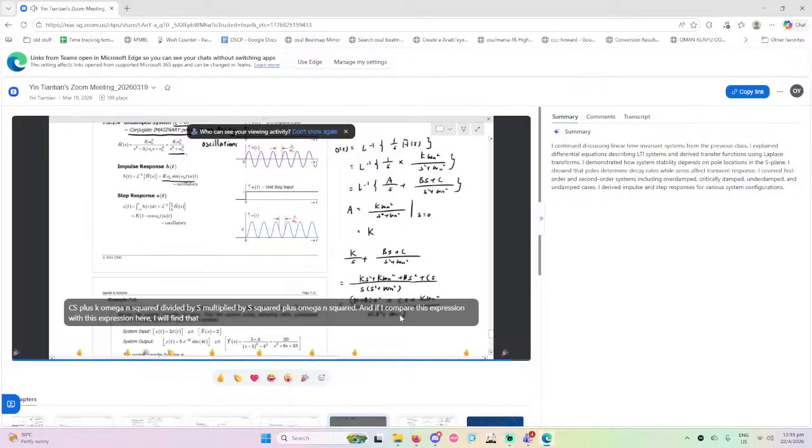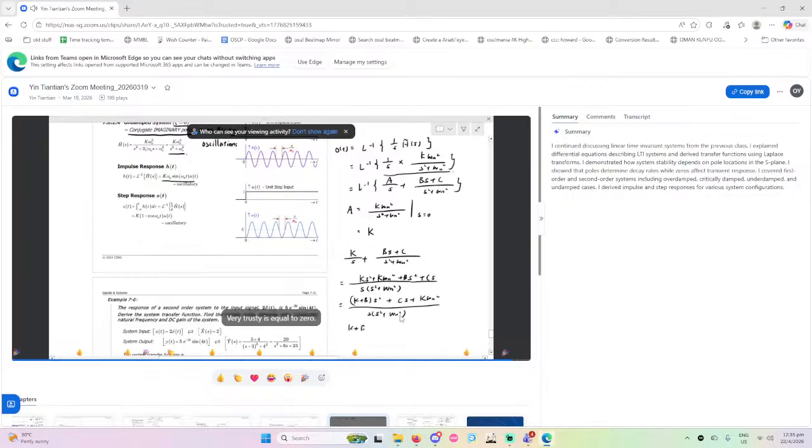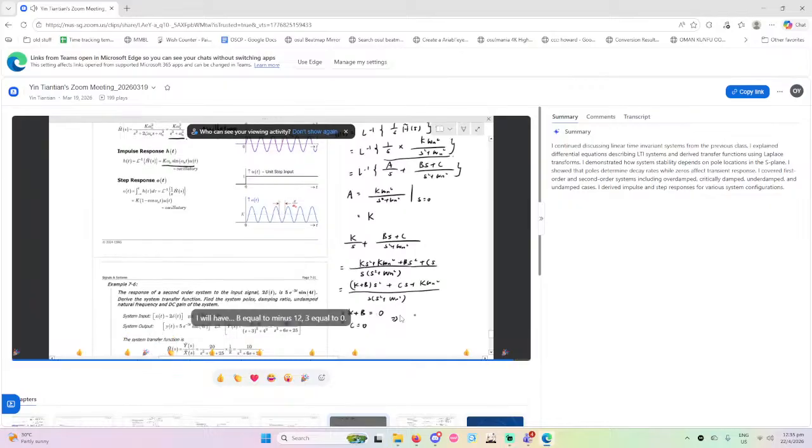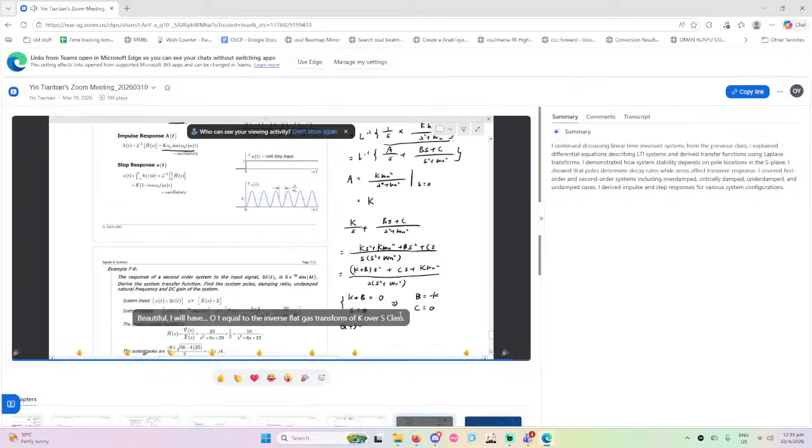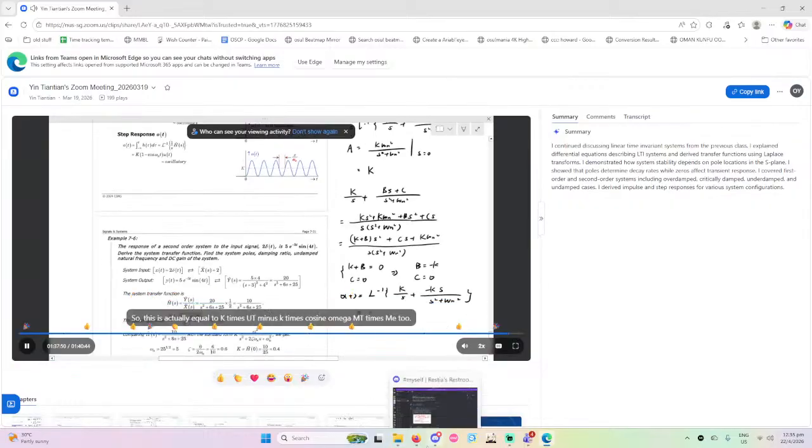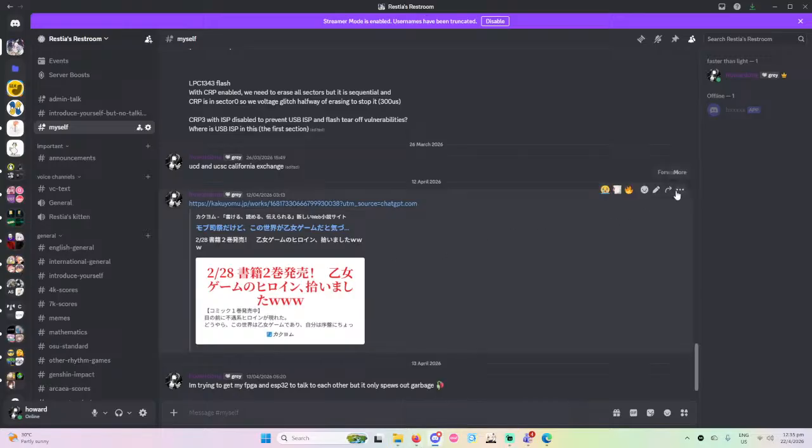If I compare this expression with the one here, I will find that K plus B is equal to 0, and C is also equal to 0. Therefore, B is equal to minus K, and C is equal to 0. Therefore, y(t) is equal to the inverse Laplace transform of K over s minus Ks over s square plus omega n square. So this is equal to K times u(t) minus K times cosine omega n t times u(t).